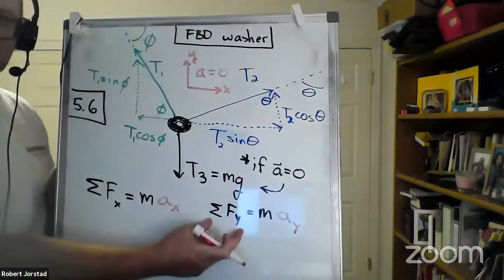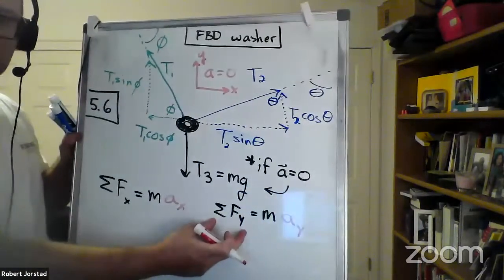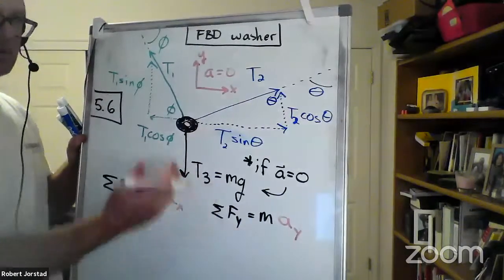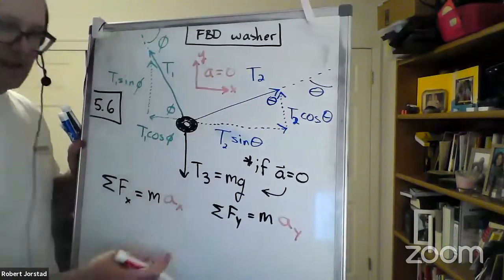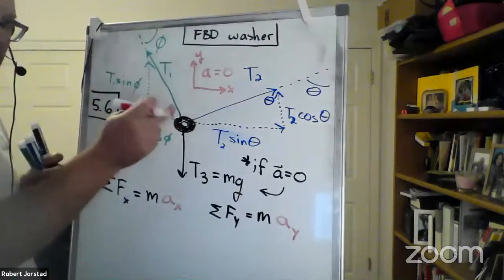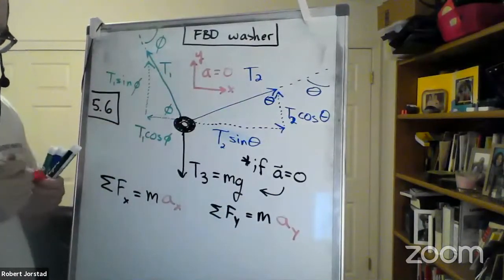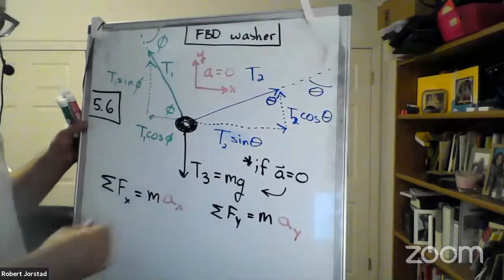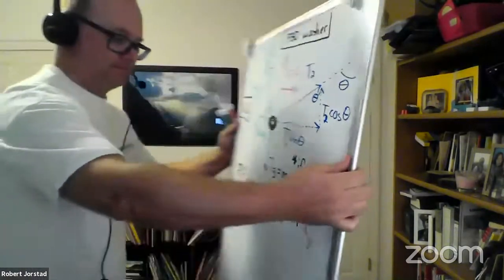Again, the sum of forces in the y comes from the vertical arrows in the picture, and this comes from acceleration up there. Notice I did not draw acceleration touching the washer. Okay, it's not a force. Okay, see what you get. I'll write down what I get.